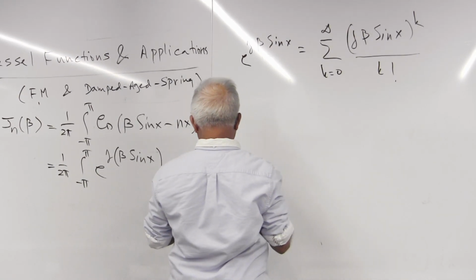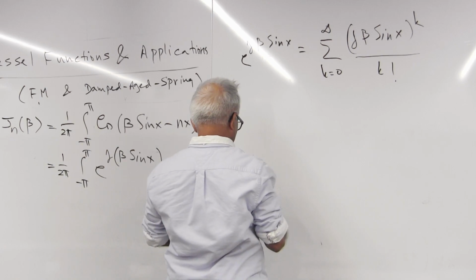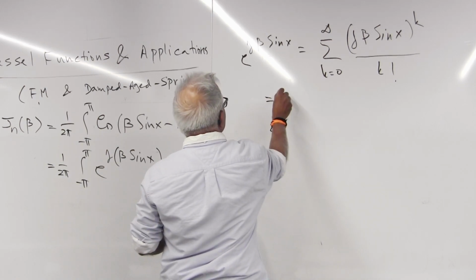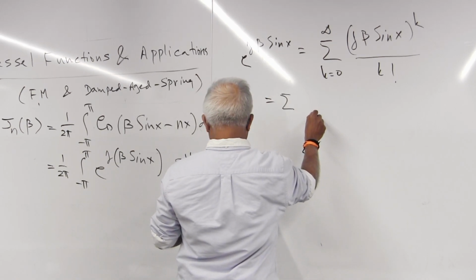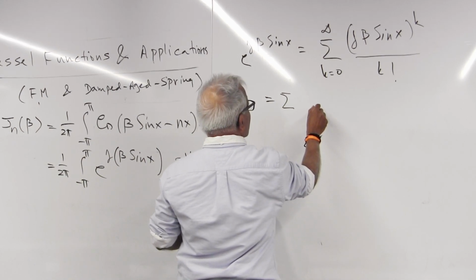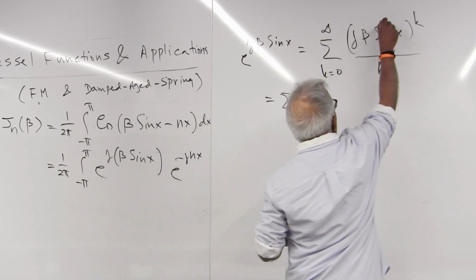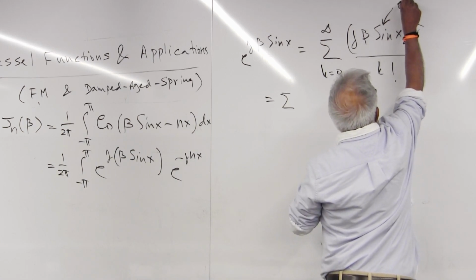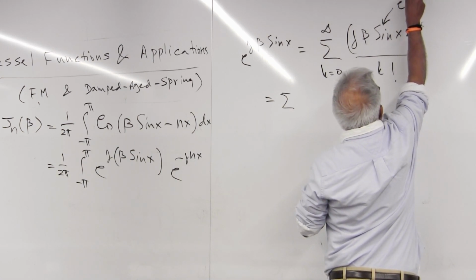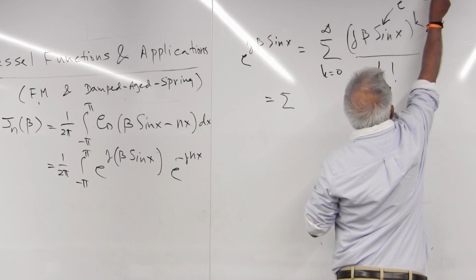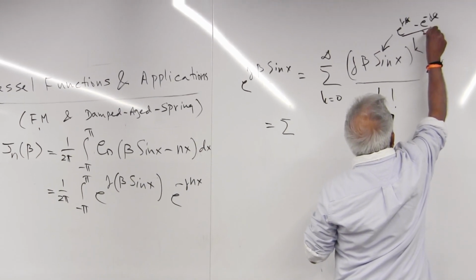So sine x, I'm going to write as e raised to jx minus e raised to minus jx over 2j.